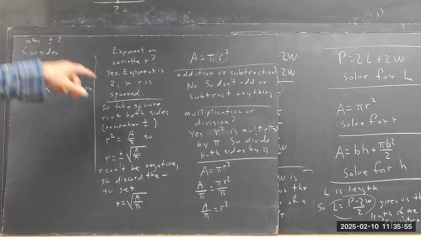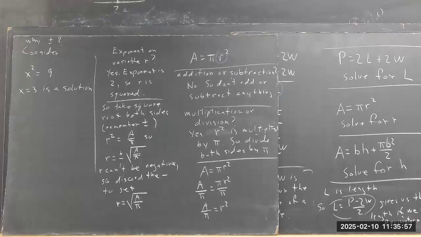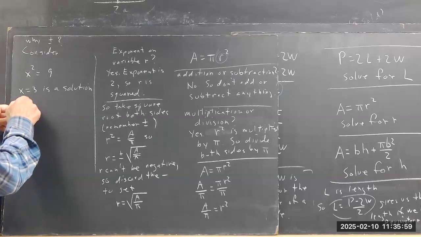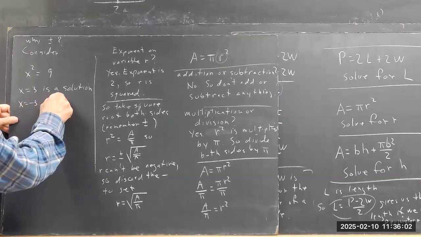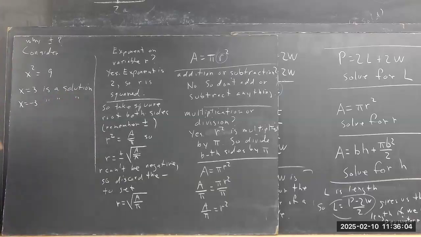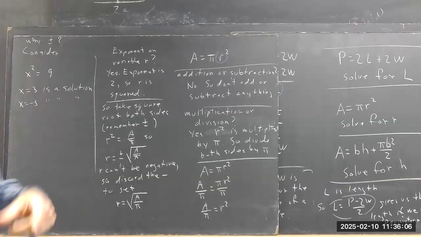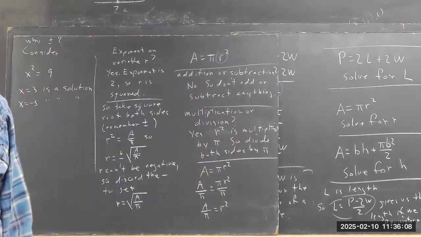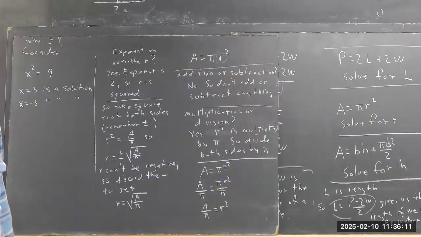If you square 3, you get 9. What happens if you square negative 3? You get 9. Negative 3 times negative 3 is positive 9. Two negatives give you a positive.